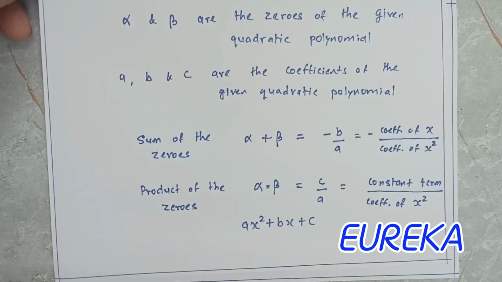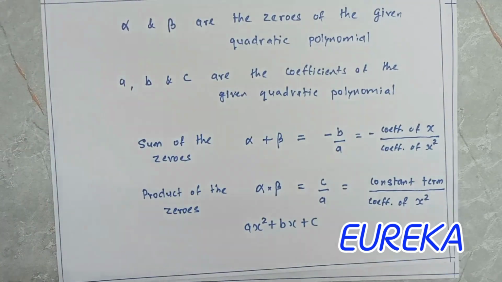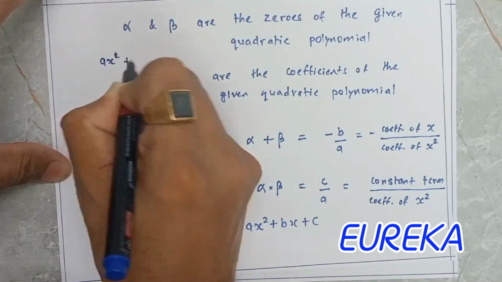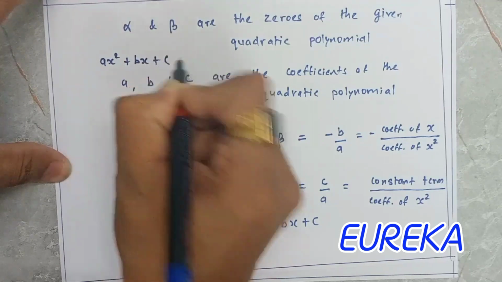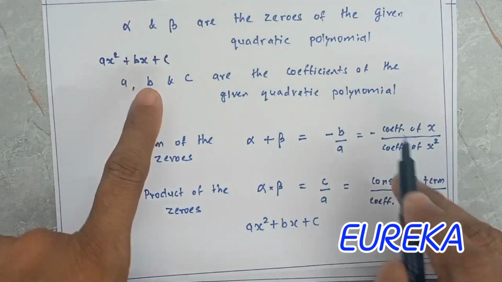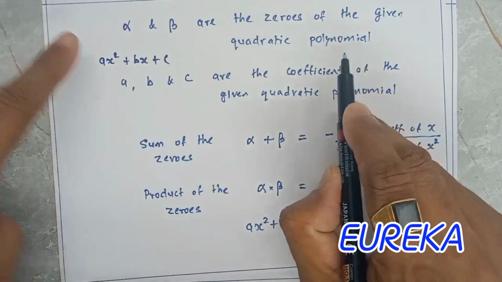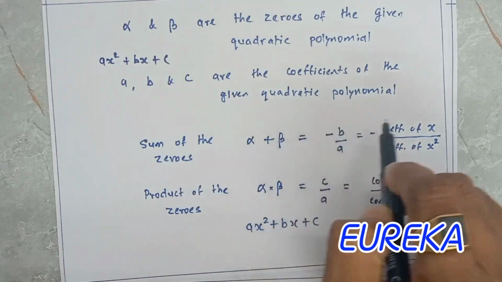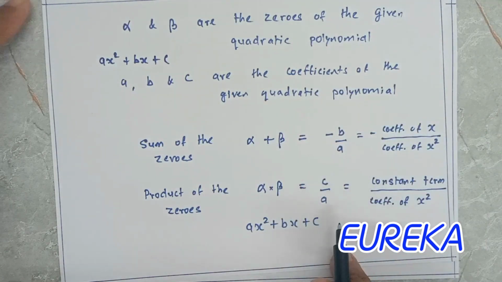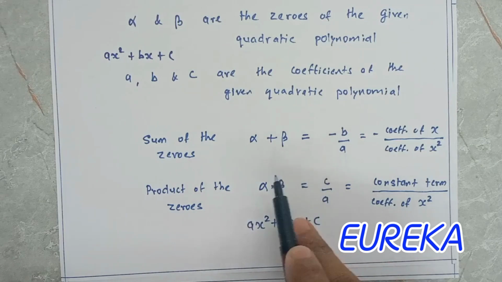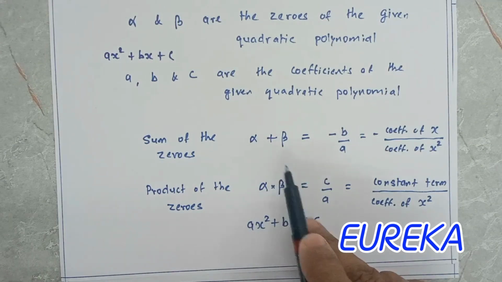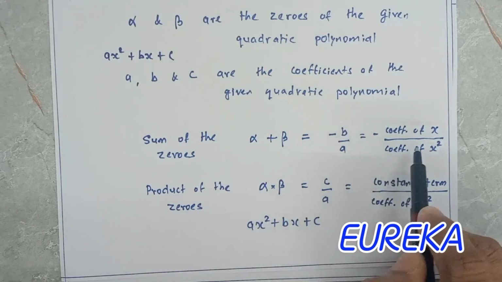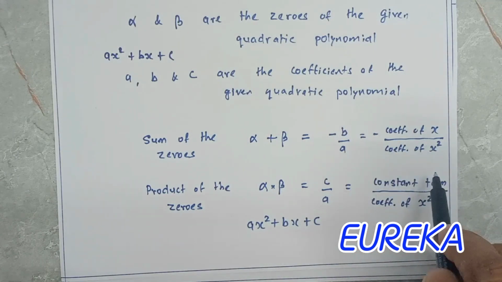Yes, so what we have seen is that if ax square plus bx plus c is a quadratic polynomial, and alpha and beta are the zeros, then a, b, c are the coefficients of the given quadratic polynomial, and the relation between the zeros and the coefficients is given by: alpha plus beta, that is the sum of the zeros, is minus b by a, that is minus of coefficient of x upon coefficient of x square.